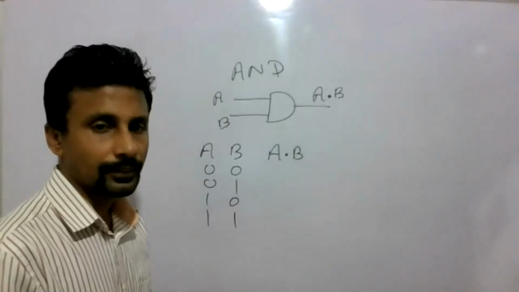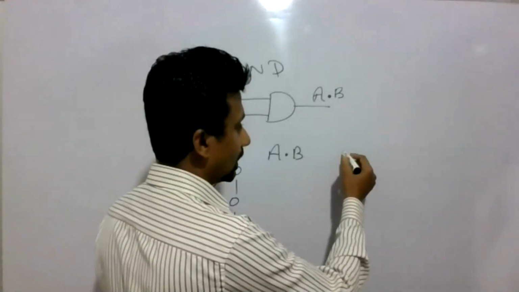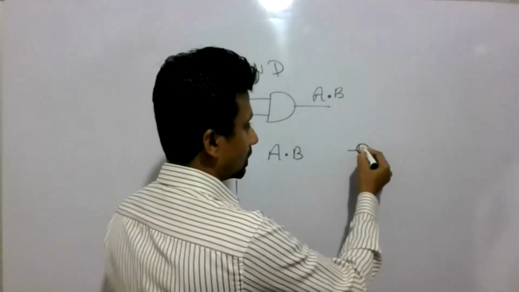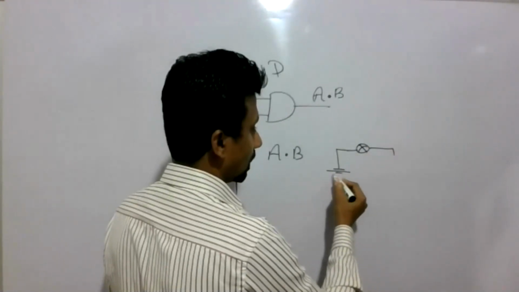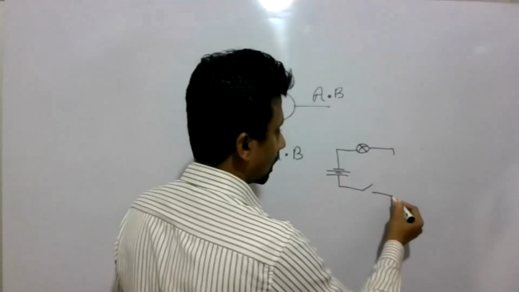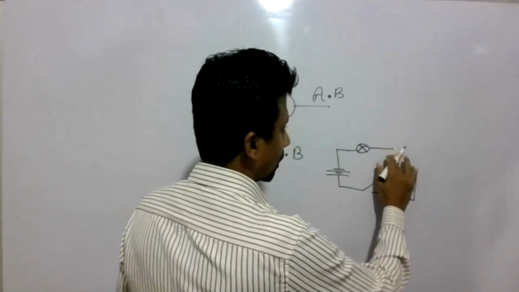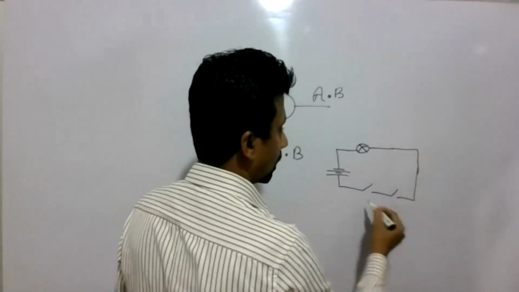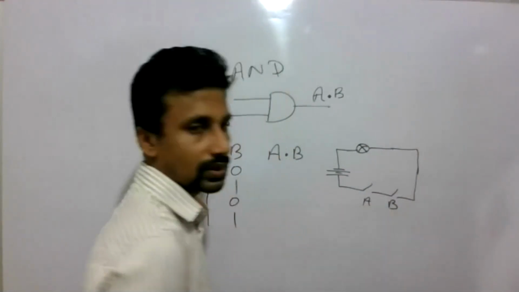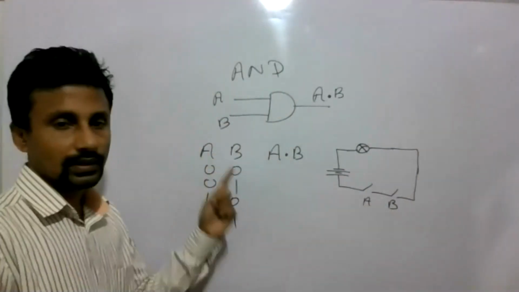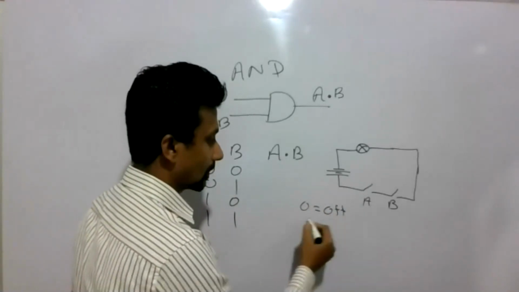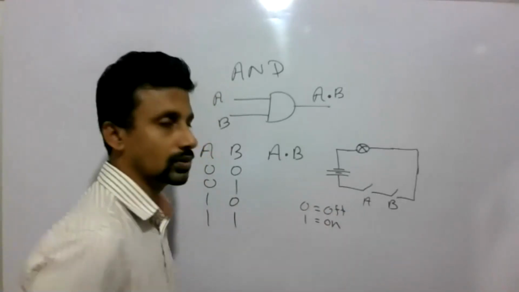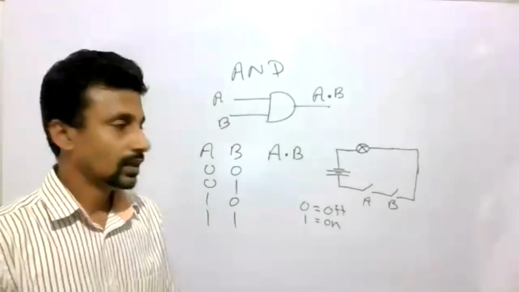To explain that, I am using a normal circuit. This is a bulb. So I am taking these batteries. I am taking these switches A and B. So 0 means I take the switch off, 1 means on, right?